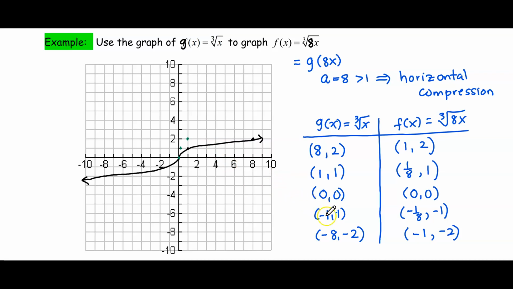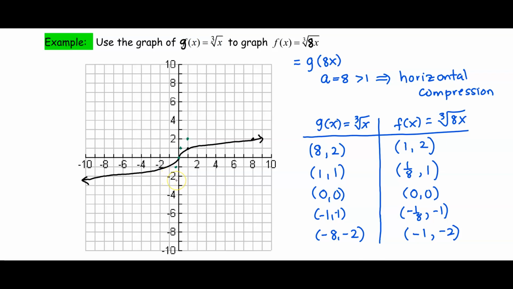And then this -1, -1 goes to -1/8, -1. So -1/8, -1 is here. Really close to 0. Then -8, -2, this point here will then go to -1, -2.